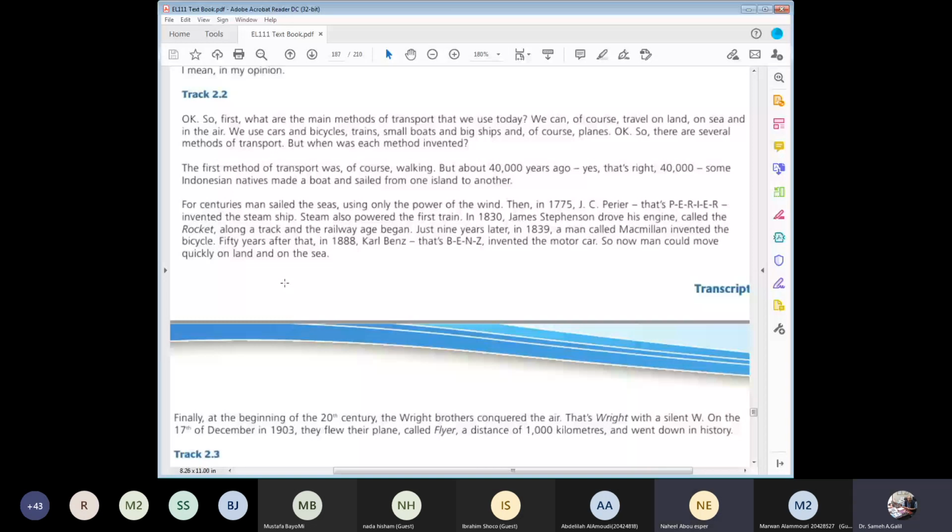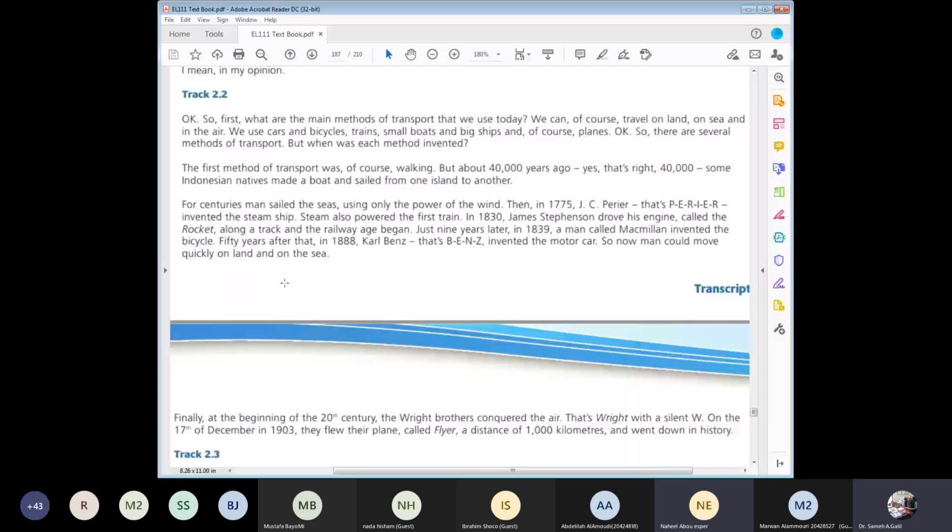Okay, so did it add to your knowledge about the history of transport? Yes. Okay. So which is the oldest method of transport according to this text? They start first with walking.